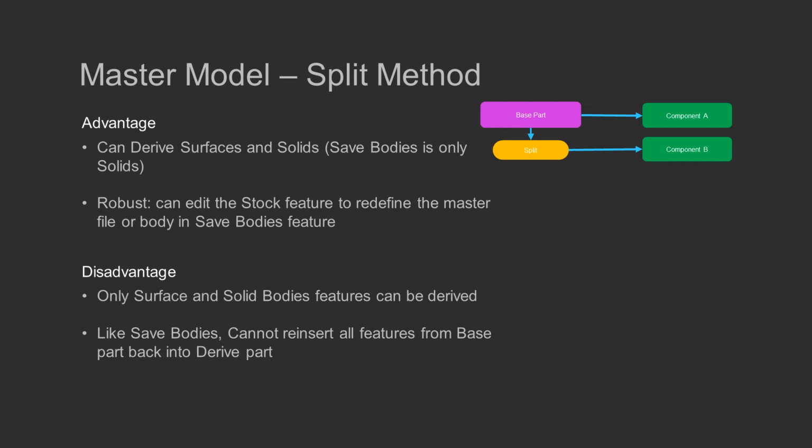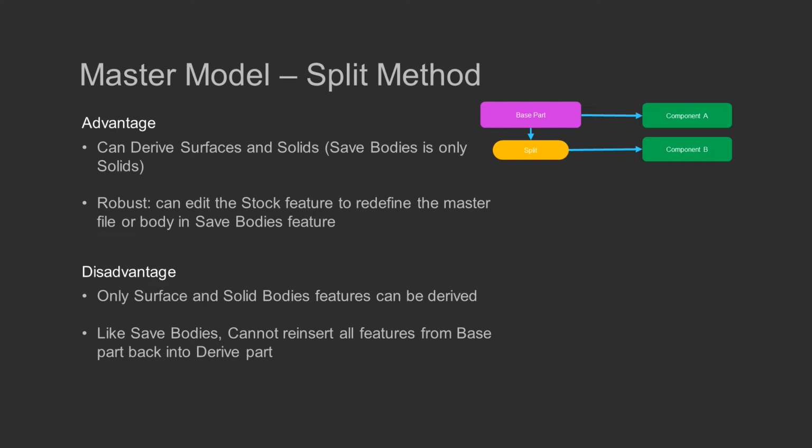It's also robust like save bodies in that you can edit the stock feature and redefine it to another master model or the same master model but a different surface or solid body. Its disadvantages are like save bodies in that it really can only derive out a surface or solid body but not sketches, planes, and other reference features.